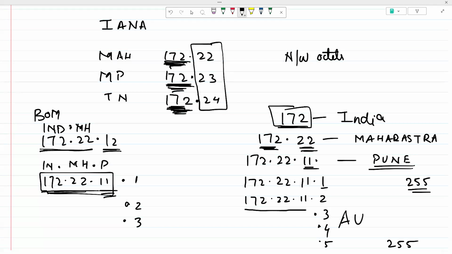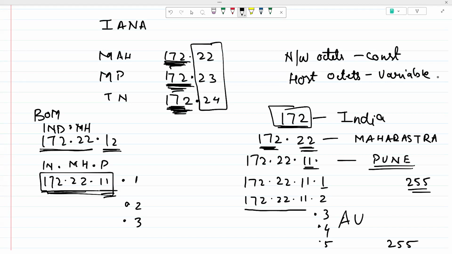The octets that keep on changing are called host octets. Again, I'm repeating: the octets that remain the same in an IP address are called network octets. The octets that keep on changing are called host octets. So this is always constant and this is variable.